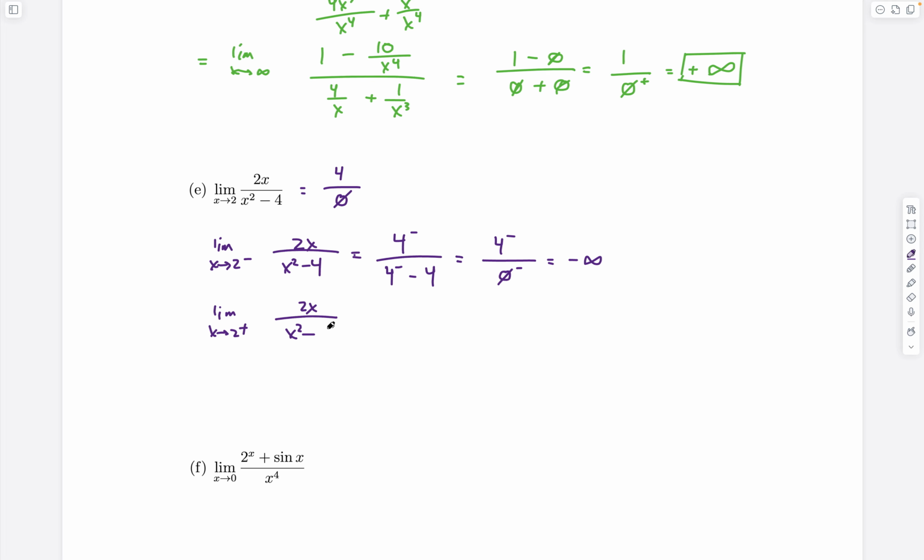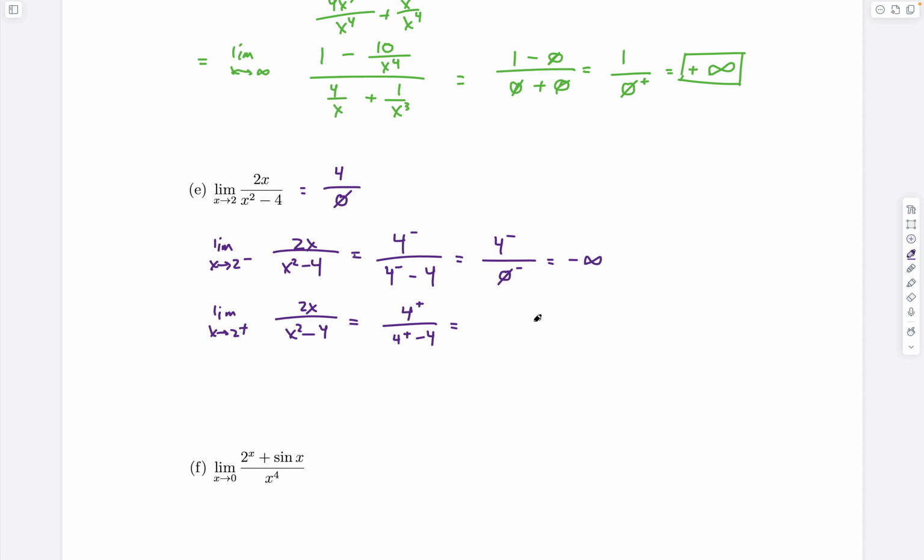So 2x over x squared minus 4. Again, as I go towards 2 from the right side, I would produce 2 times a number slightly bigger than 2, which would be a little bit bigger than 4, right? 4 from the right side. And the bottom, if you take a number that's slightly bit bigger than 2 and you square it, you get a number, of course, slightly bigger than 4. And we're going to subtract 4 from that.